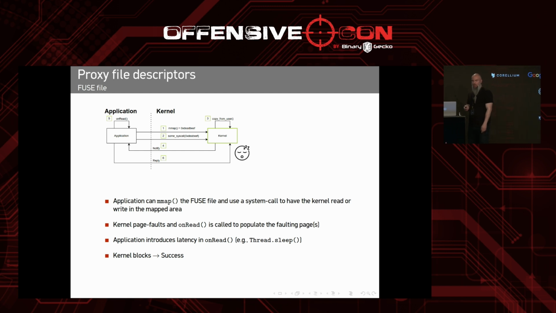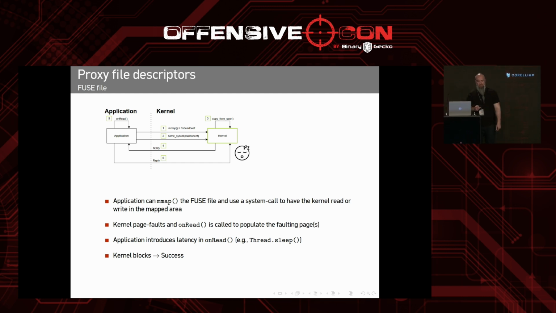Of course, the application can map this file descriptor in memory, like normally any other file descriptor. And of course, it can pass it to a system call to the kernel. Now, when the kernel attempts to read from that memory region, a page fault will occur. The corresponding onRead callback will be executed, and the execution will be delayed.